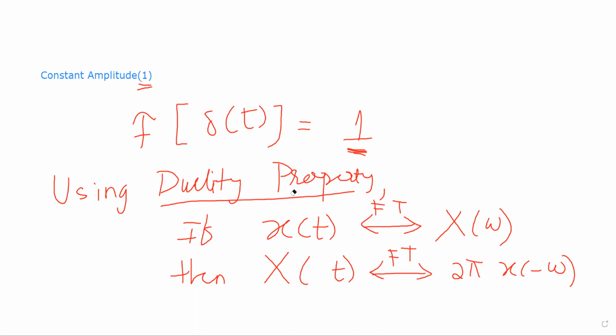The desired Fourier transform on the right side is 1, and on the left side we replace t of the delta function by minus omega and multiply by 2 pi. So using this duality property, the Fourier transform of 1 is equal to 2 pi times delta with t replaced by minus omega.